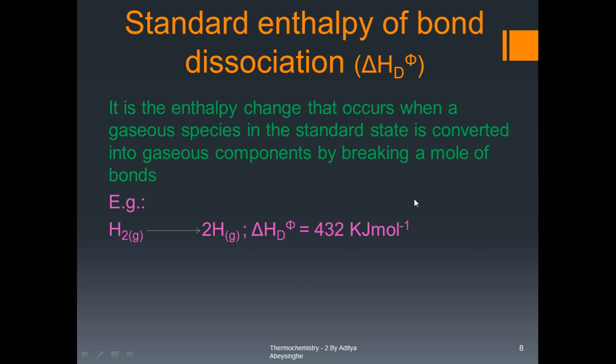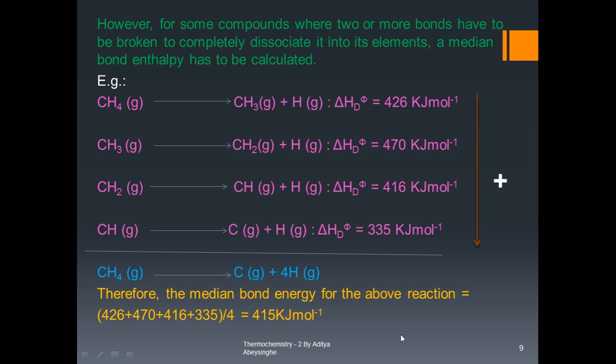So the bond dissociation enthalpy of carbon dioxide will be some value. What's important in bond dissociation is that the enthalpy for any reaction is positive, because we give heat. It's an endothermic reaction. We give heat, so the bond enthalpy should be positive.